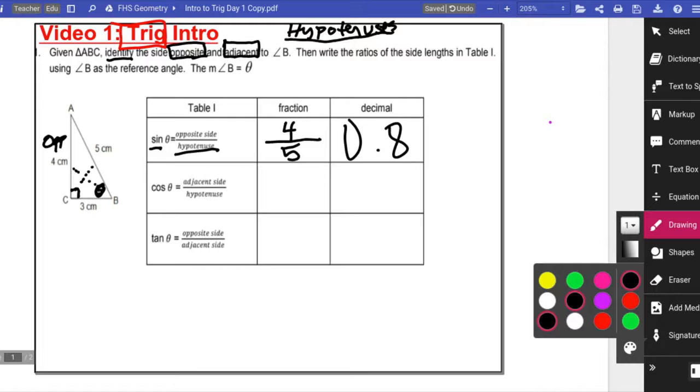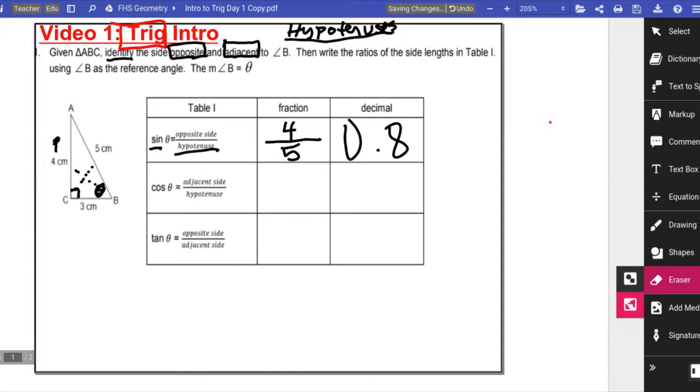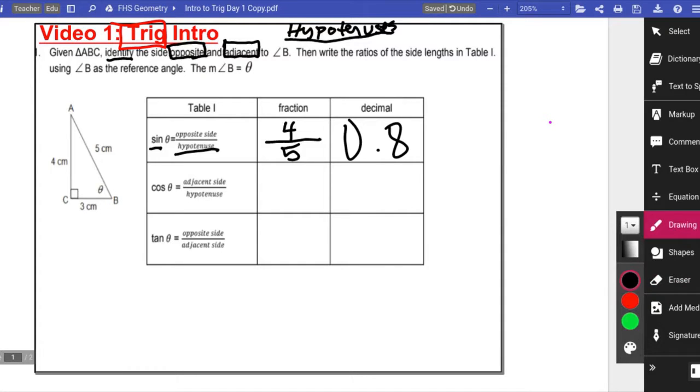All right, next one, cosine. All right, let's do cosine. So I need to erase what I have here. All right, so we are working from the angle perspective. From right here, the adjacent. So anytime I say the word adjacent, you can just say adjacent means next to it, next to whatever I'm referring to.